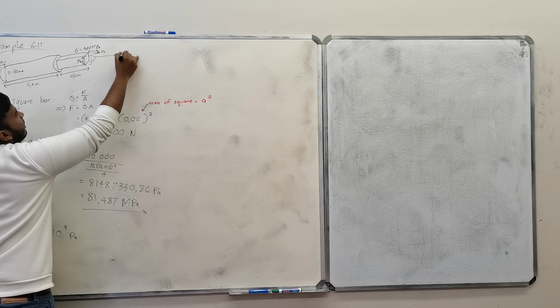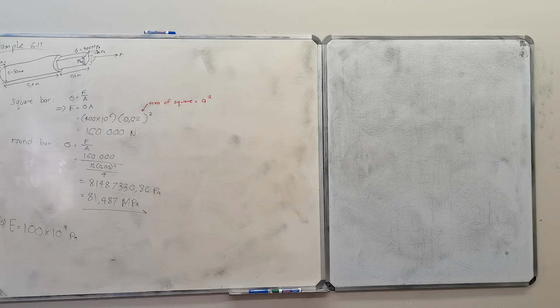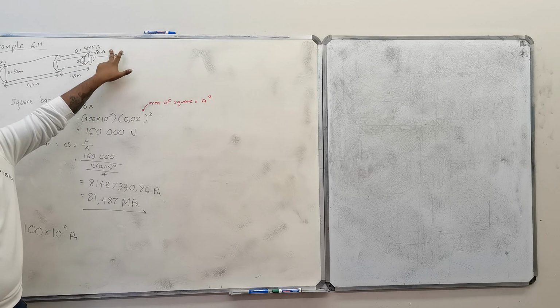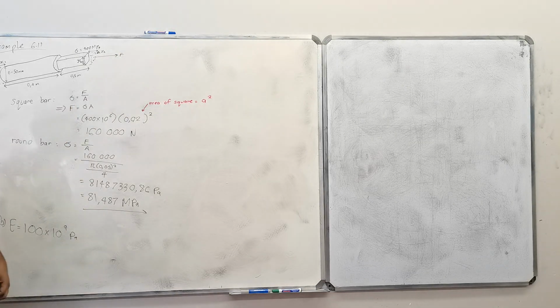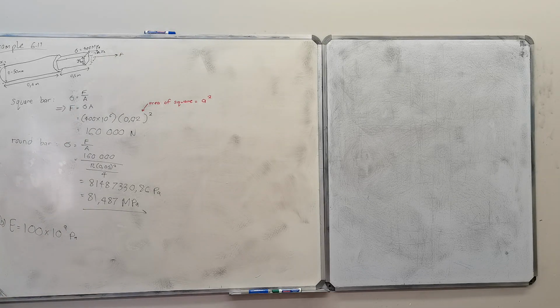So the total extension will be this change in x1 plus the change in x2. Because remember there will be a different strain applied, because your stress is different on both sides. So now we need to work out the strain on each side and then solve for change in x. Young's modulus should be a constant throughout the whole beam.